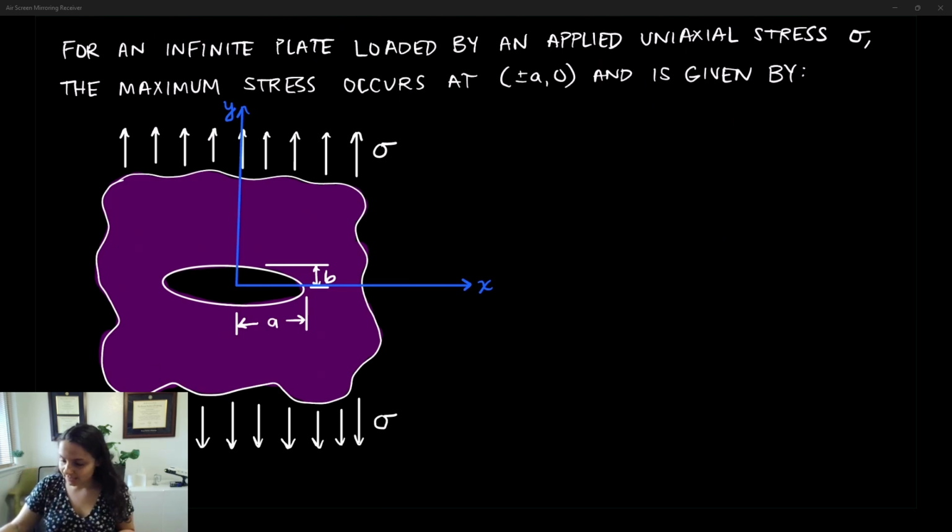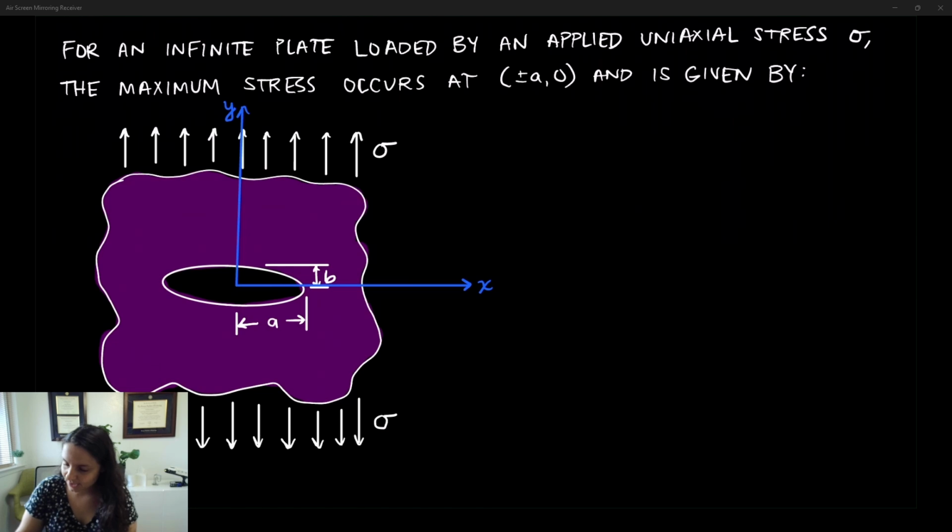We're loading it on top and bottom with a uniaxial stress, sigma, and at the corners a and negative a, the stress is going to be higher than the nominal stress, or the far field stress as we would call it. It's going to be higher at these corners than it is everywhere else in the material.